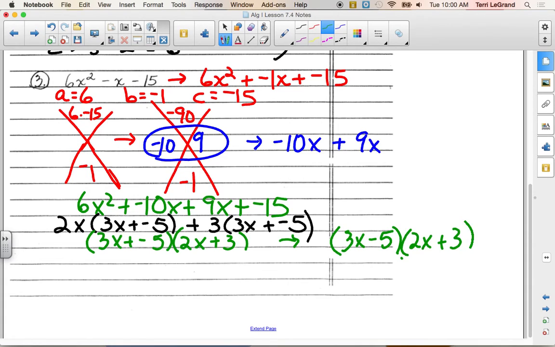I count on you to do the check problem. And once you've done the check problem, you'll be able to verify for me whether I'm right.